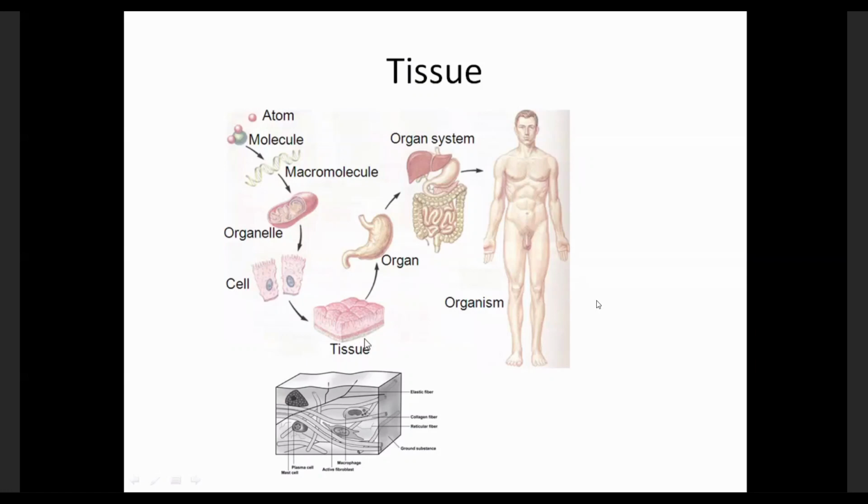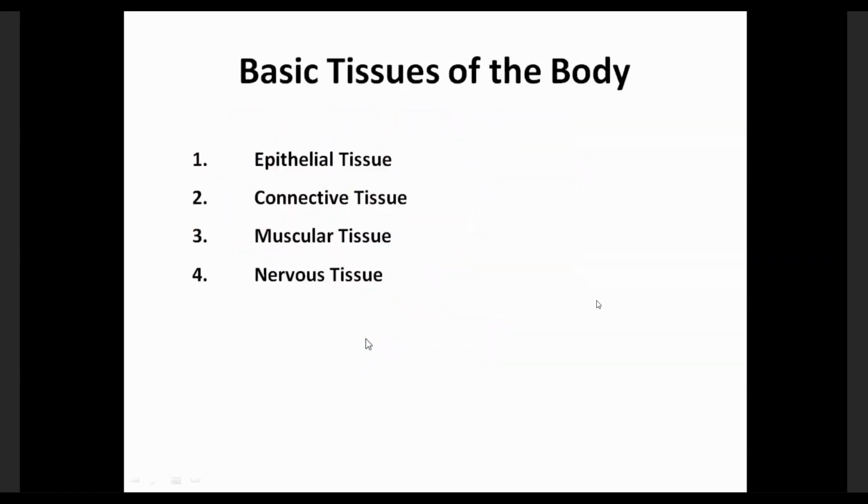There are various types of tissues in our body. One type is epithelial tissue, and the others are connective tissue, muscle tissue, and nerve tissue, which make the basic tissues in our bodies. Under each one of these, we can have sub-tissues.